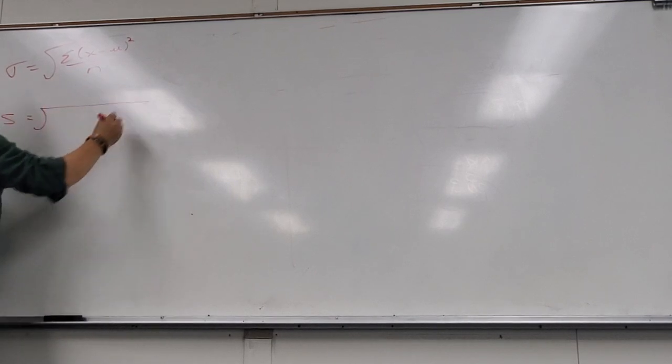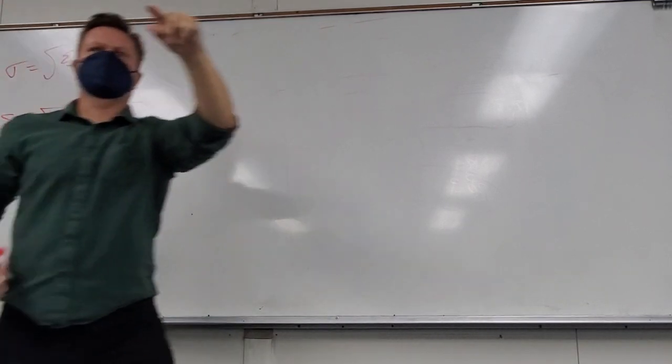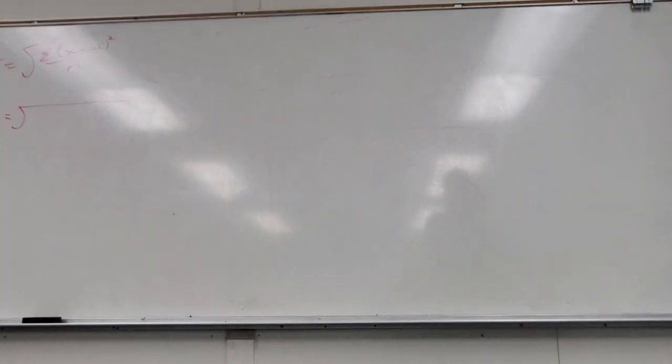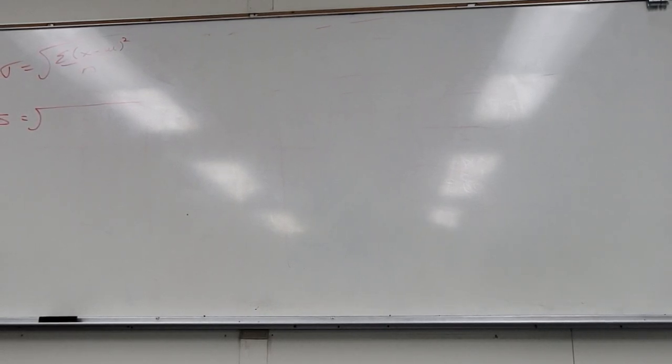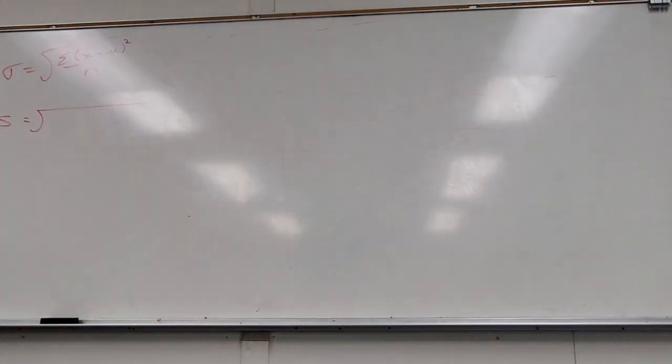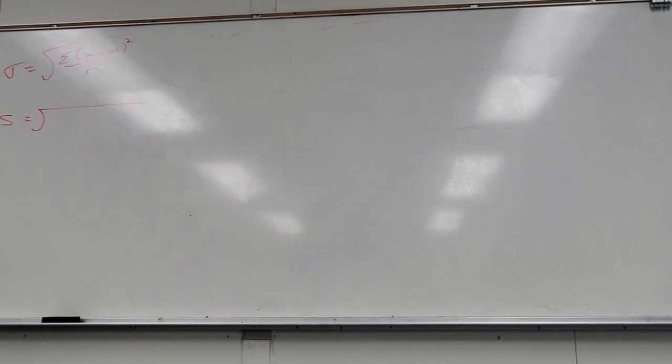For a sample, this is the thing I did last time where I said if I took you guys and took your average age, you would be closer to the average age of the sample versus the average age of everybody. Of course you would. You guys get that? If I just took 2 people and took your average age, you each would be closer to that average age than you would be to the whole average age of everybody, more than likely.